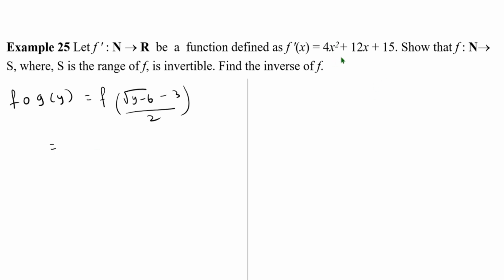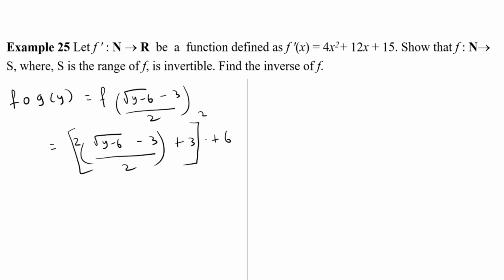4x square plus 12x plus 15, we can write it as 2x plus 3 the whole square plus 6. So this is equal to 2 into root of y minus 6 minus 3 by 2 plus 3 the whole square plus 6.